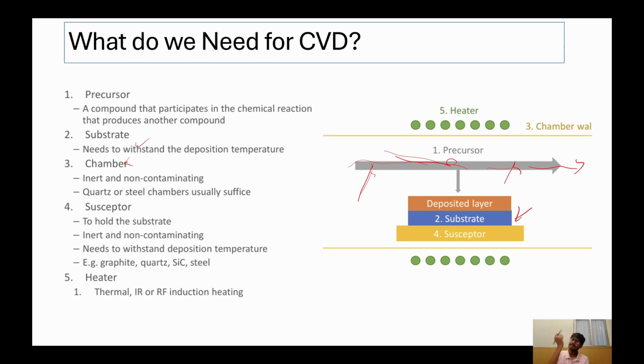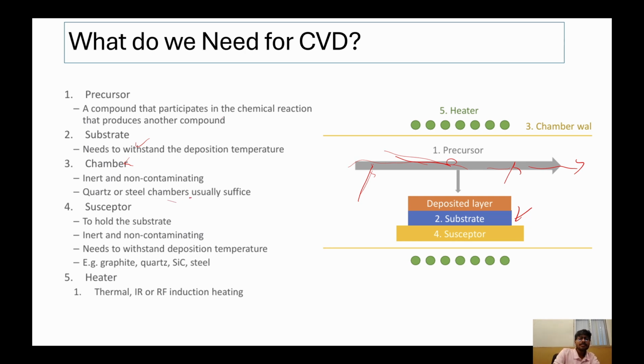In a metal chamber, some part of the metal can come out and diffuse inside your silicon substrate. The solid solubility of metals is very high in a silicon wafer. So that's the thing.